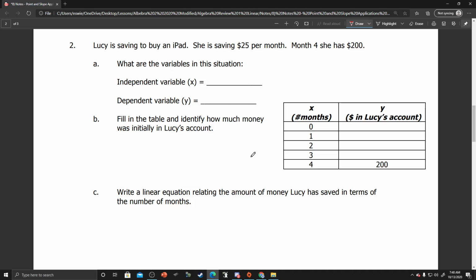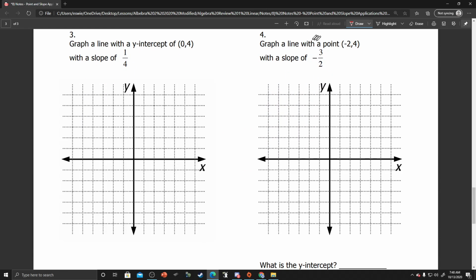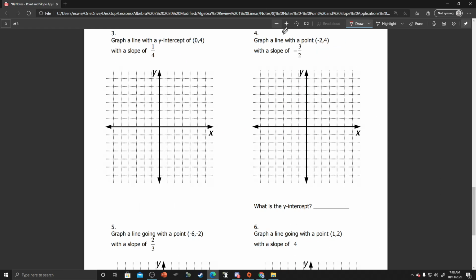So I want you guys to maybe try number 2. Very similar. Now you're given a table. I want to look down at number 3 and go through a couple examples with you where you're just graphing a line and it gives you a point and a slope, and how you do that exactly. So I'm given the y-intercept of 0, 4.